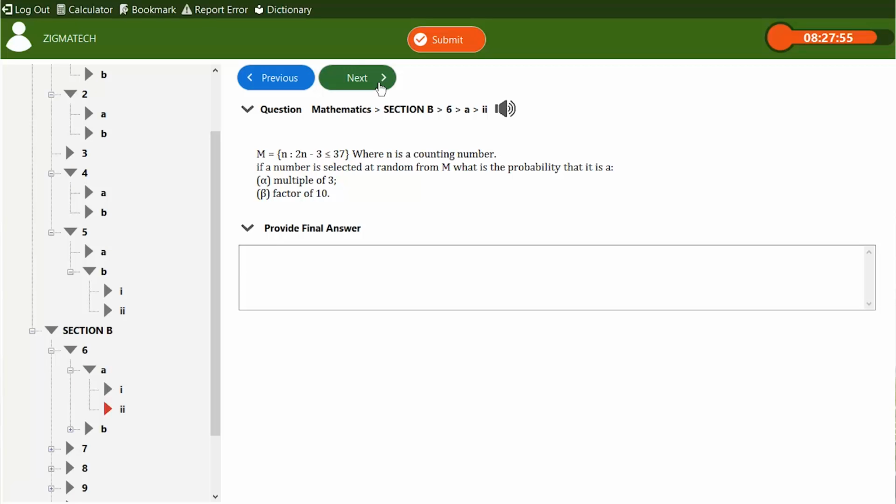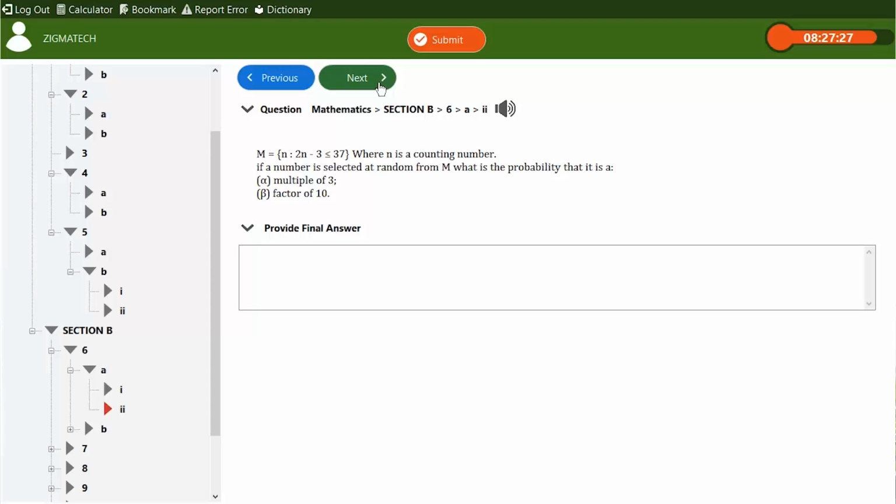Multiple of 3 simply implies after 3, the next number is 3 plus 3, that is 6. Plus 3 again, 9. Plus 3 again, 12. Plus 3 again, 15. Plus 3 again, 18. Plus 3 again, 21.